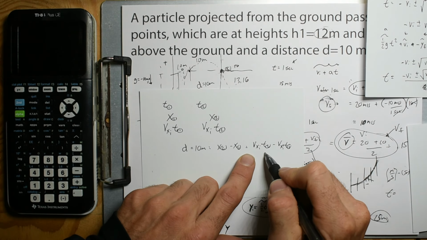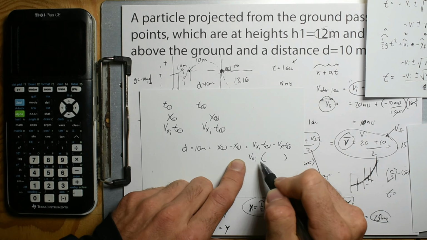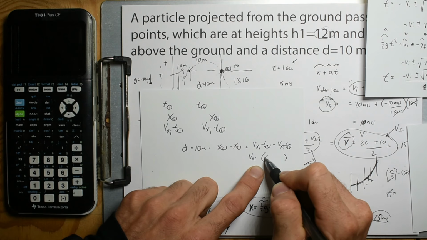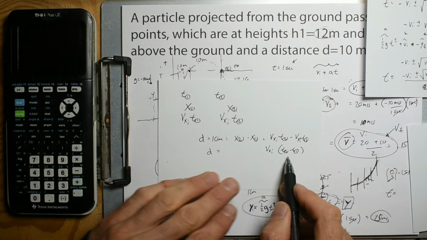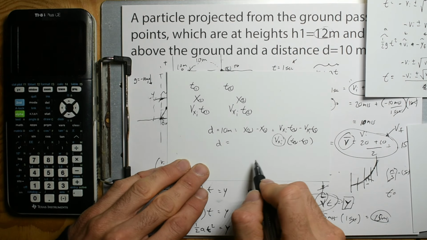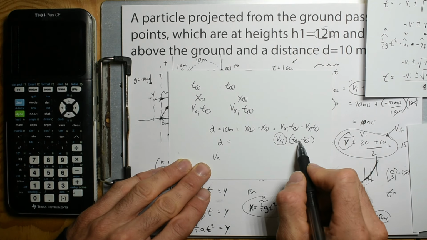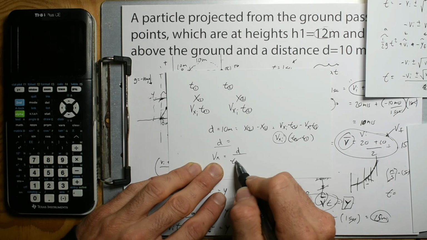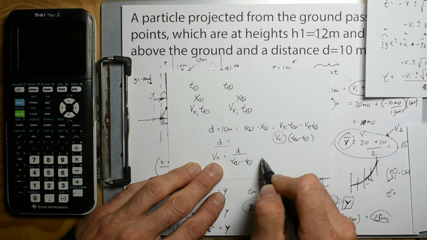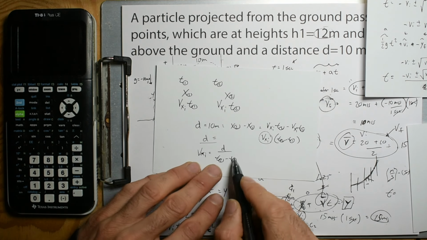We can factor out that velocity initial in the x direction, and we have t2 minus t1, and that's that distance. What we're trying to find is this initial velocity, so we're just going to divide by that d. So we have d divided by t2 minus t1, and that's going to give us our initial velocity.